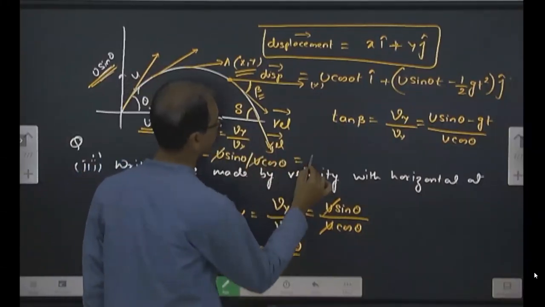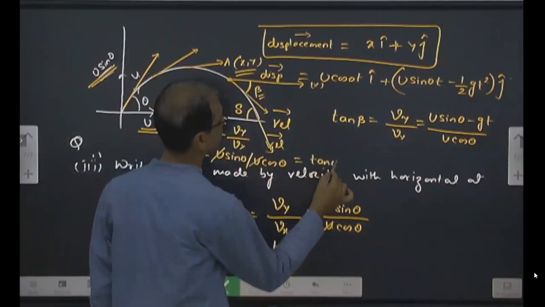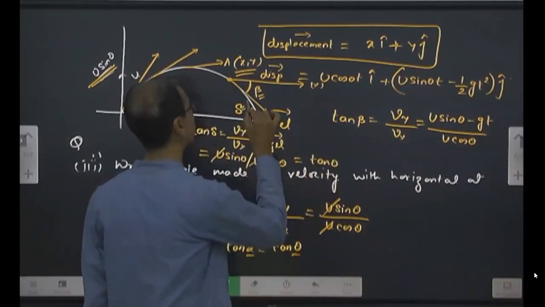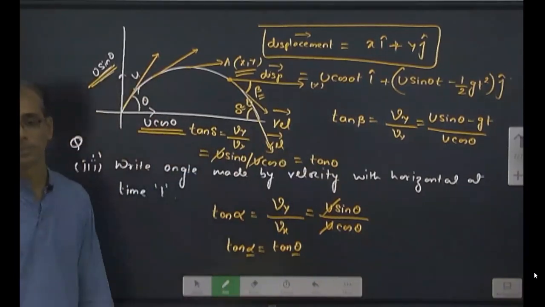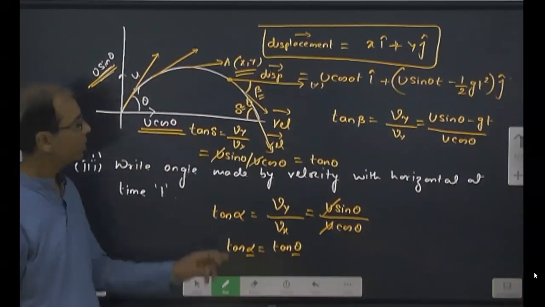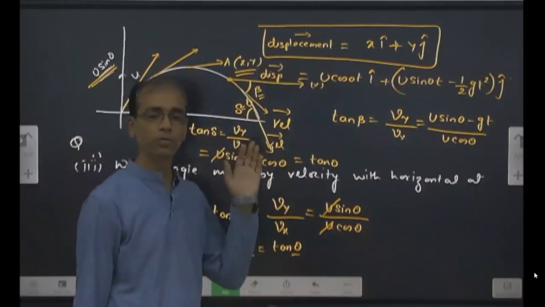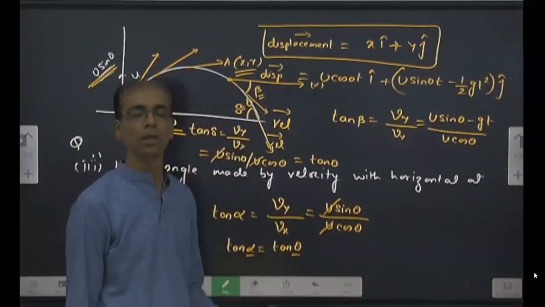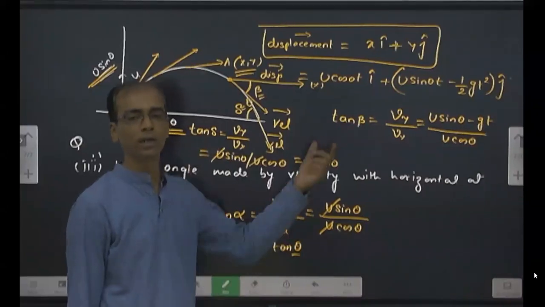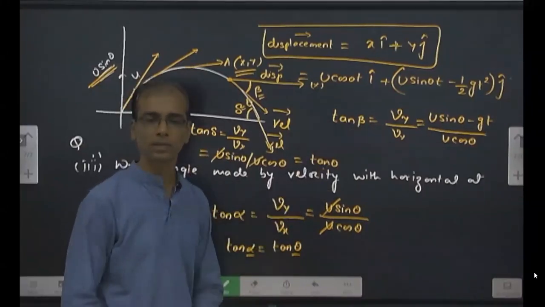It is tan theta. So delta is theta only. We know it already. Did you understand? Yes, sir. So at any point you want to find what angle velocity is making with horizontal, immediately tan of that angle equals Vy by Vx. That's it. Question is over. Note this one.